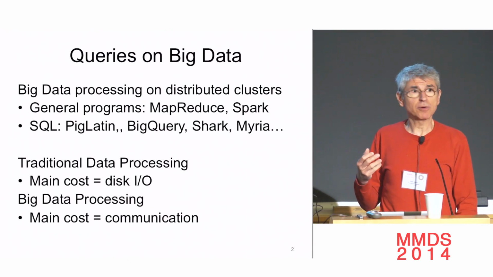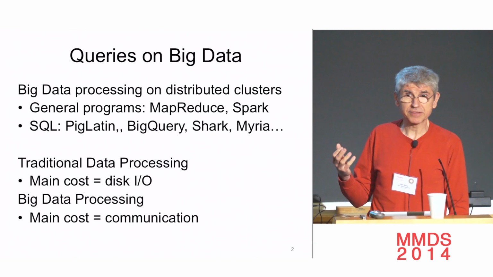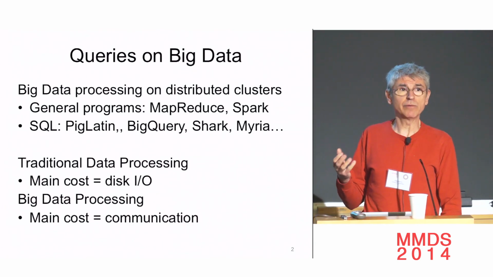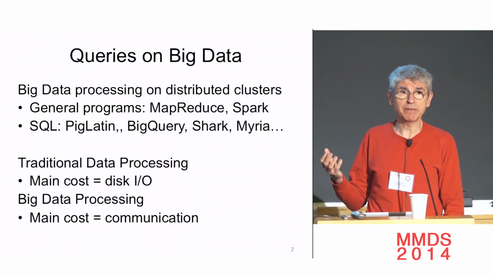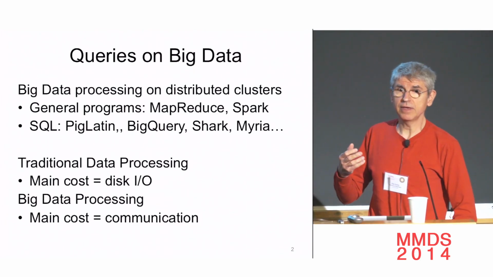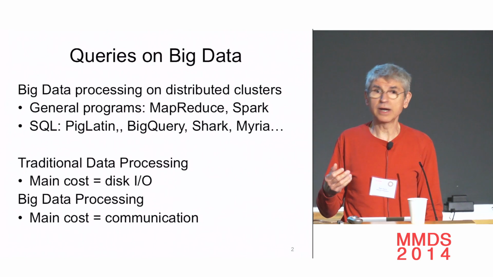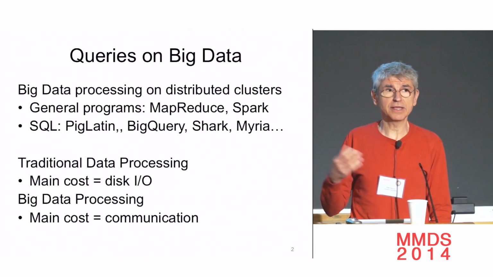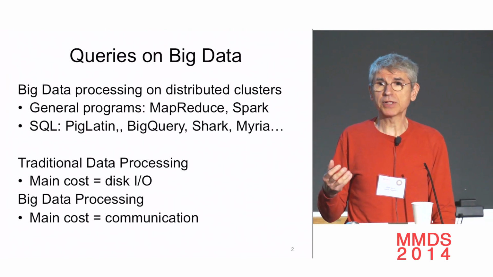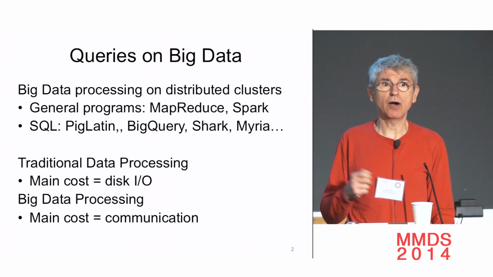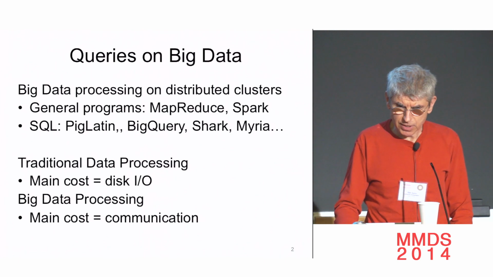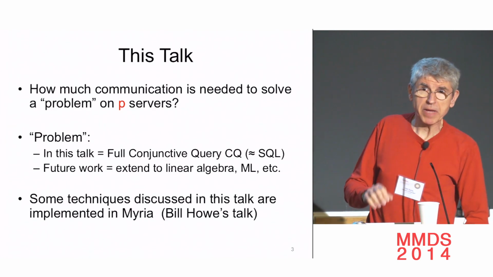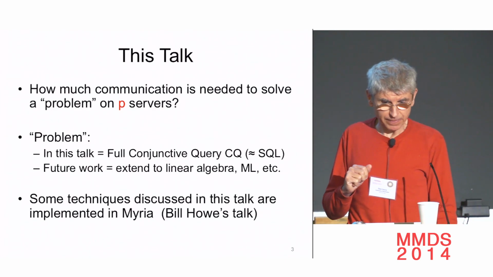When we do big data processing with a large number of clusters, the reason why we use many servers is to have enough main memory to fit the data in main memory. So therefore, the main bottleneck is no longer the I/O cost. Once the data is in main memory, then the main bottleneck is the communication cost. How do you distribute the data, make it available to all the servers? So this is the problem I'm going to discuss in this talk.